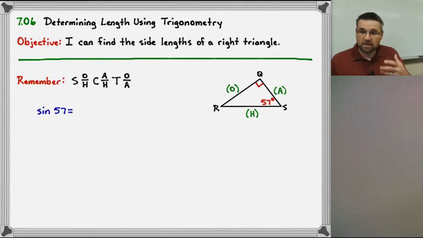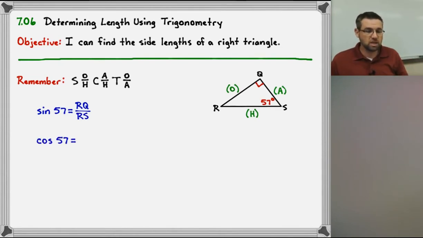So if I want the sine of 57, remember it's always the sine, the cosine, or the tangent of the angle, and in this case the angle is 57 degrees. If I want the sine of 57, I would say, okay, sine is opposite over hypotenuse, so the opposite here is RQ, and then the hypotenuse is RS, right? And if you put QR on top, that's the same thing. RQ and QR are the same thing. If you put SR on the bottom, that's fine, okay?